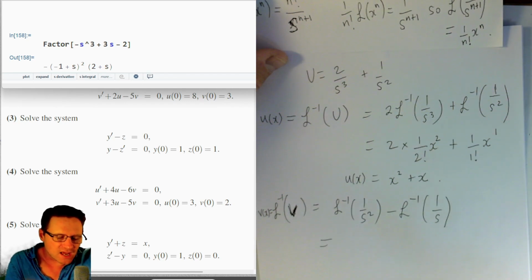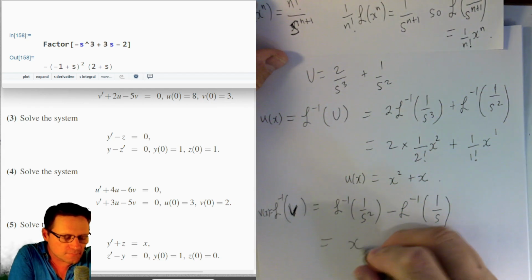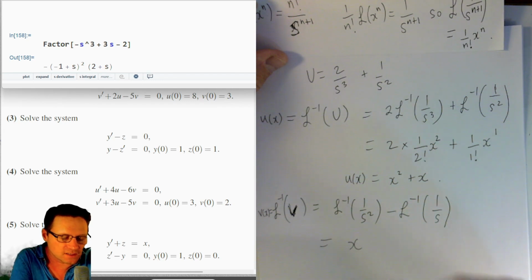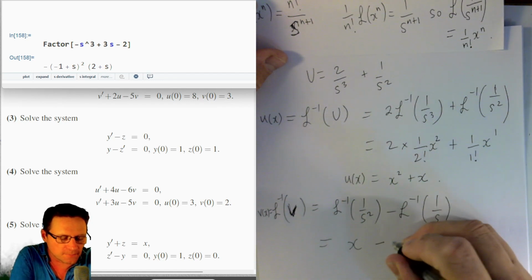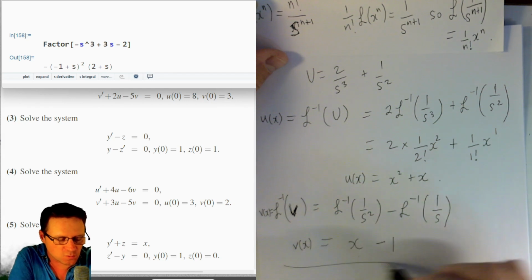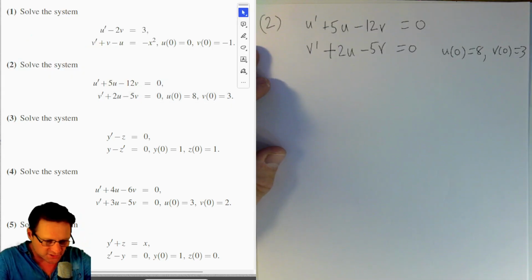So the inverse Laplace of 1 over s squared is just x as we got there. And the inverse Laplace transform of 1 over s is just 1. So lowercase v of x is x minus 1. u of x is x squared plus x. Question 2.